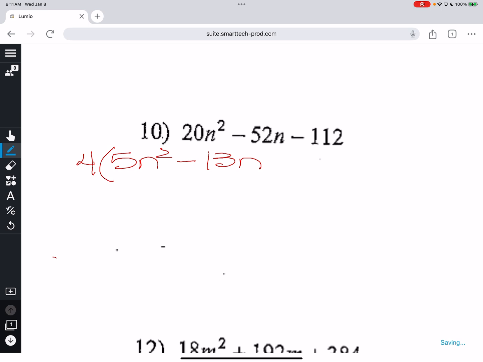So 13n minus... 4 goes into 11 2 times. And that gives us 32, which gives us 8, 28. So how do you work from there? Either method: the lead coefficient, or multiply the 5 times the 28.